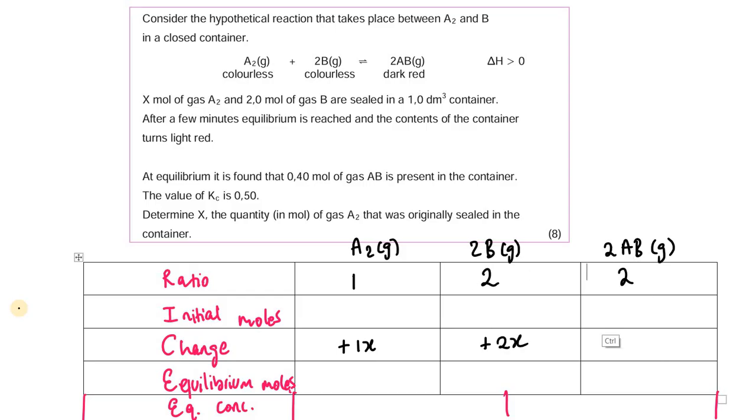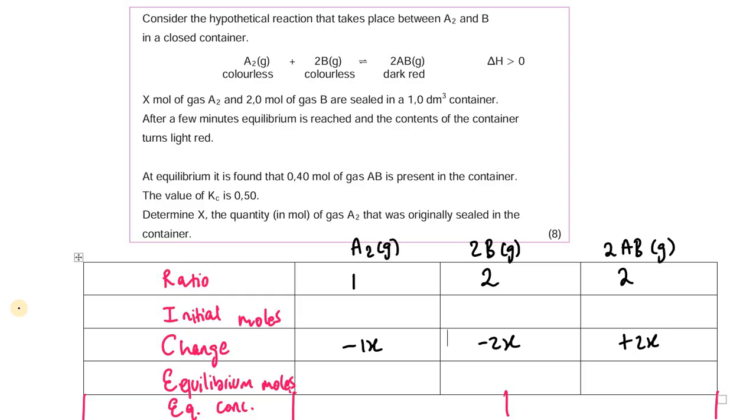And then the product, we say minus 2x. Remember, reactants are used up, so we put minus for them, minus 1x and minus 2x, and then plus 2x. Plus because the products are being formed, minus because the reactants are being used to form the products.